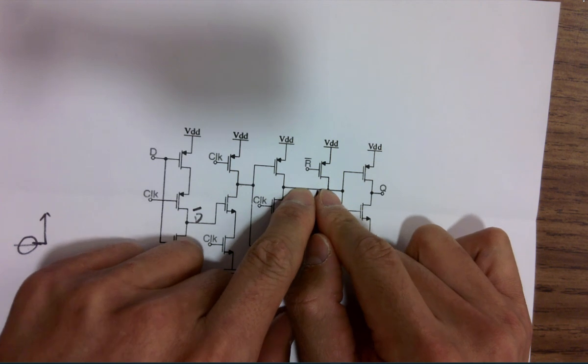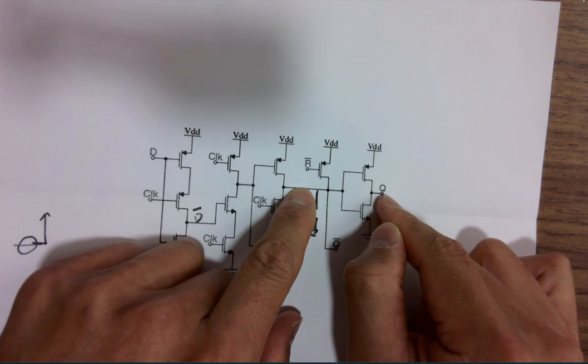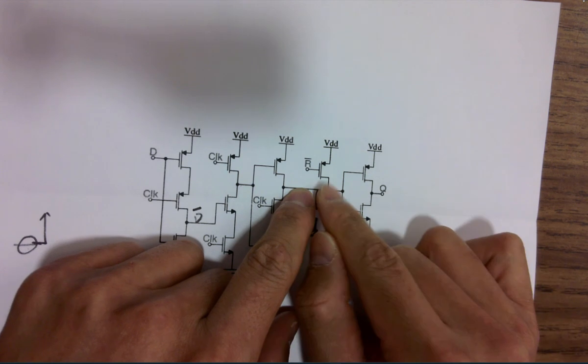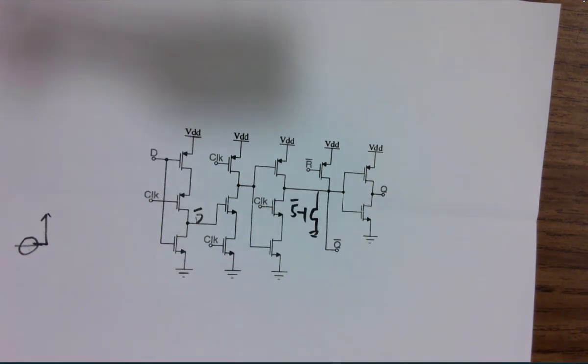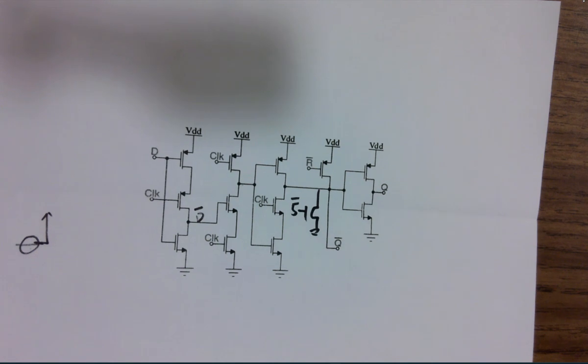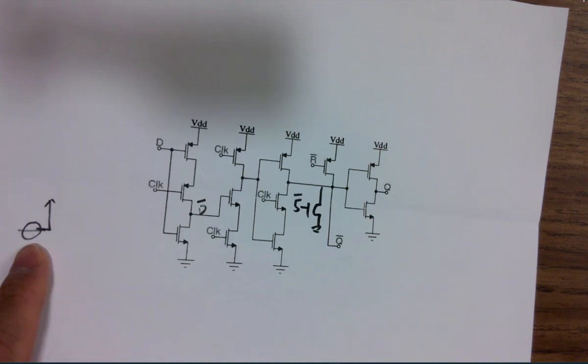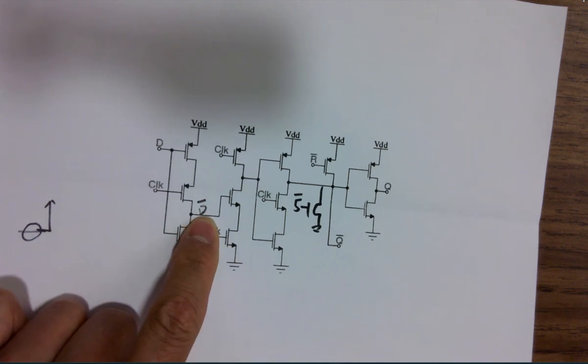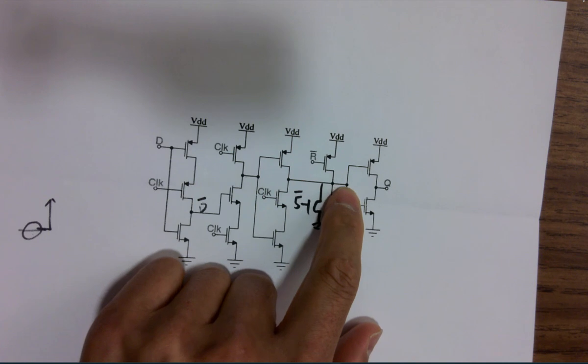So it's a memory, and that will be inverted and sent on. So it's not changing. At least right now we know that when clock is 0, it's a memory and it's not changing anything. So by far we know when clock is 0, this is D naught, and this is the memory here.